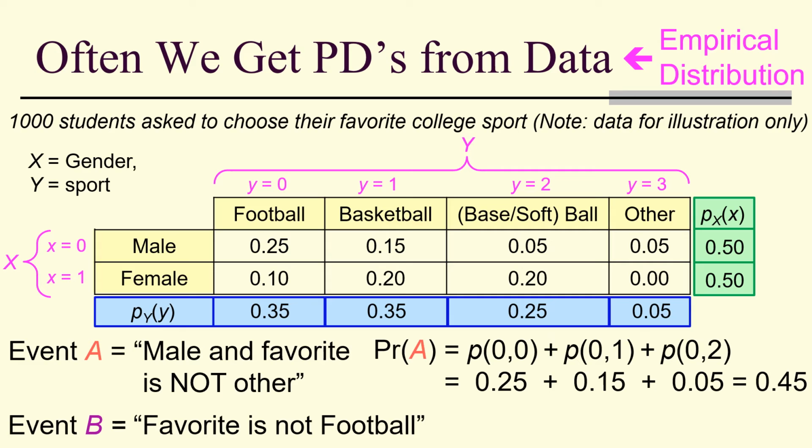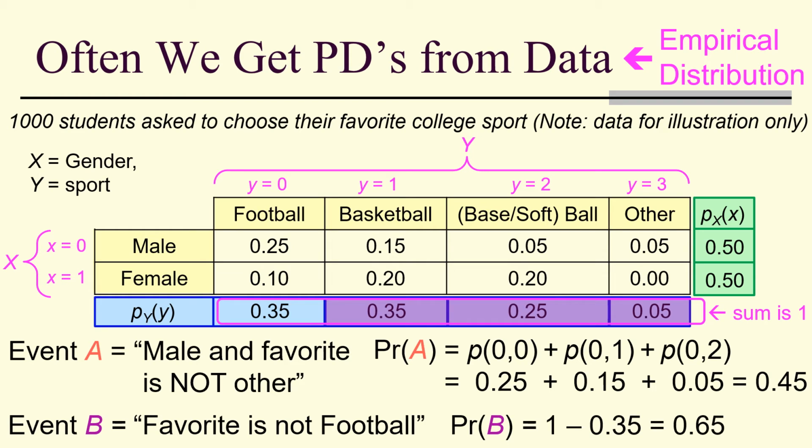The probability of event B, which is favorite is not football, well, actually it's independent of gender, so we really only need to look at the marginal distribution in Y. And the sum of all of those is 1, so we really just need to take 1 minus the probability of football, and that's 0.65.